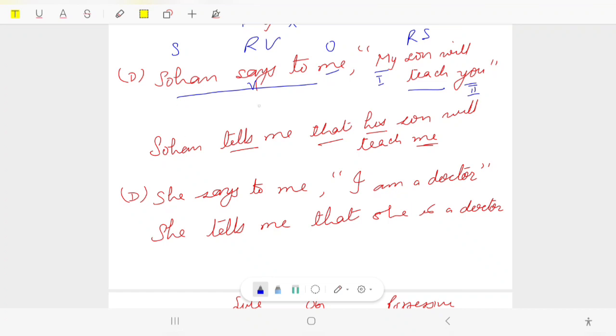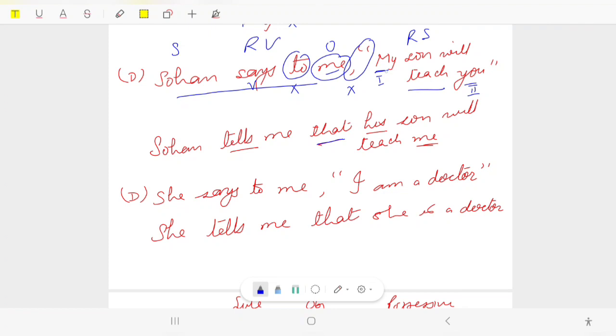"Sohan says" becomes "Sohan tells", because after "says" there is an object in this part. If this object is not there, this "says" will not change. But the object is there, so "says" will change into "tells". So: Sohan tells me. The inverted commas and this comma are to be removed, and in that place the connector "that" is used.